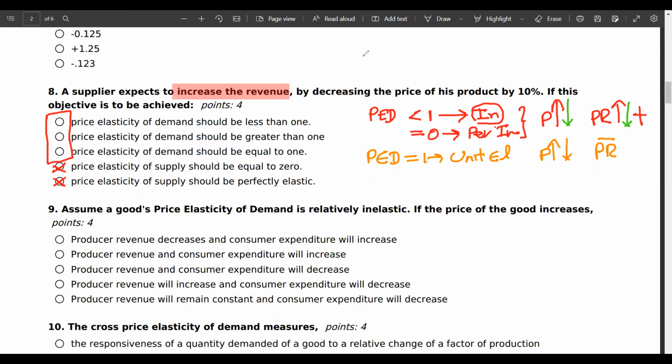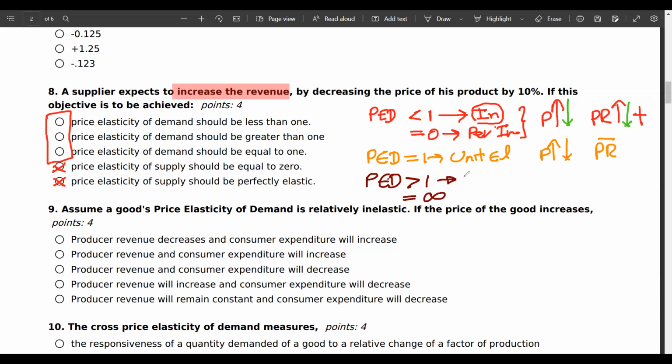If PED is greater than 1, like 3.3, 2.2, minus 1, minus 3.3, minus 2.2, minus 1.8, the coefficient is greater than 1, or if it is perfectly elastic, that is infinity.